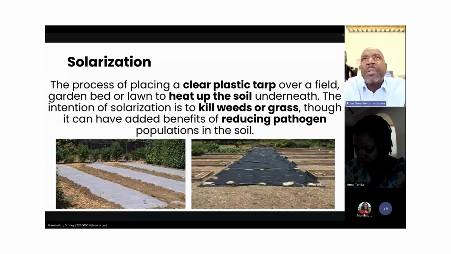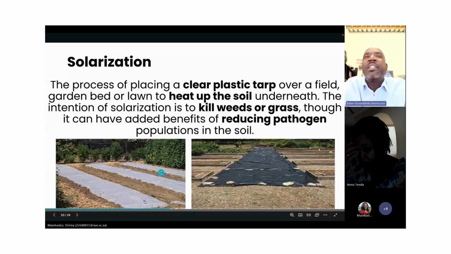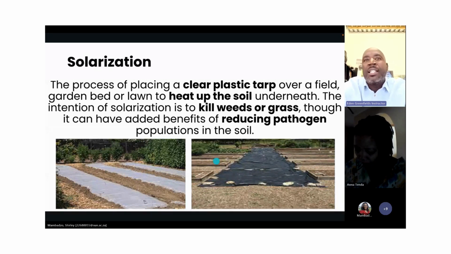Or else, you do your bed preparations, then while your seedlings are growing, which is around 6 to 8 weeks, because your seedlings have to be raised for around 6 to 8 weeks, you can be covering those beds with your plastics until the time you are ready to transplant. That is the best advice that I can give you, so that your beds are well sterilized and ready for your seedlings.